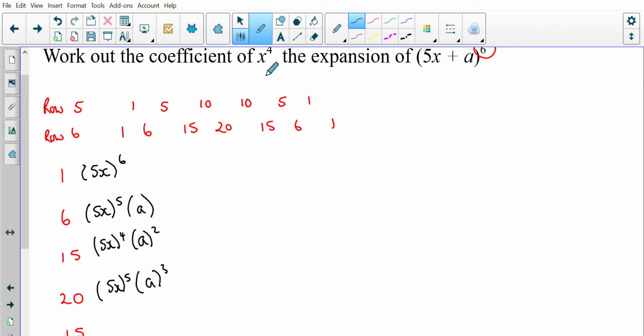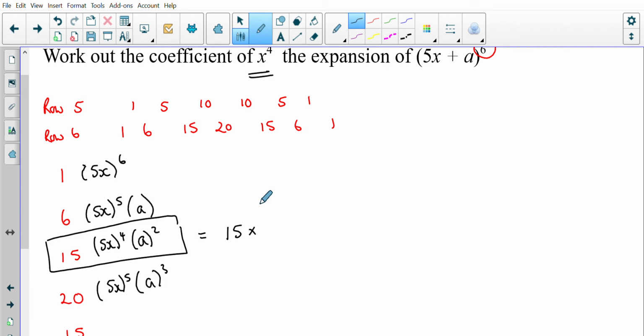Now if I want the coefficient of the x to the 4 term, I can see that that is going to come from this working out here. So actually I'm going to stop there, and I'm not going to work the others out, and I'm just going to work out this one. So that's going to give me 15, and then we're going to work out 5x to the power of 4.